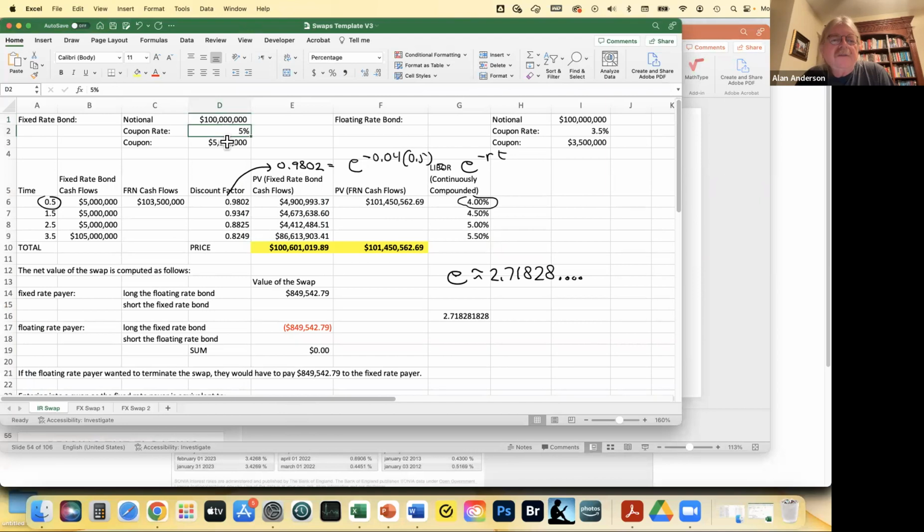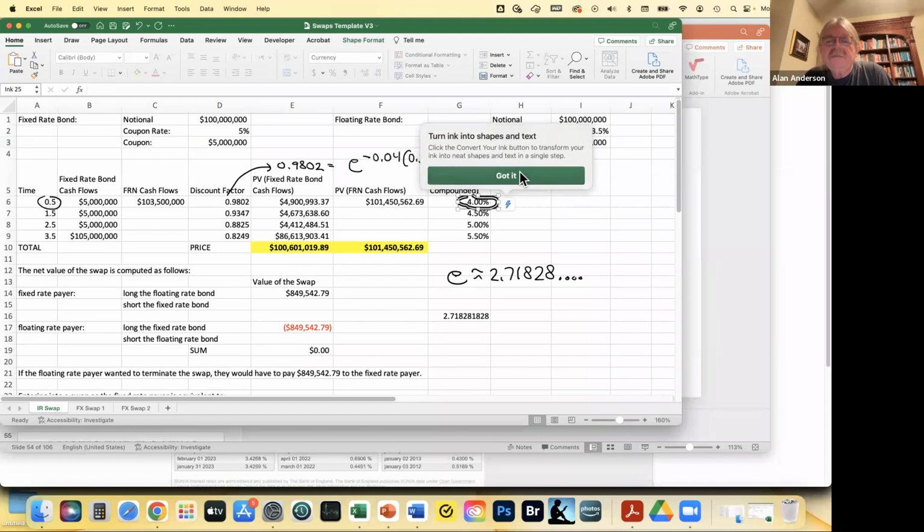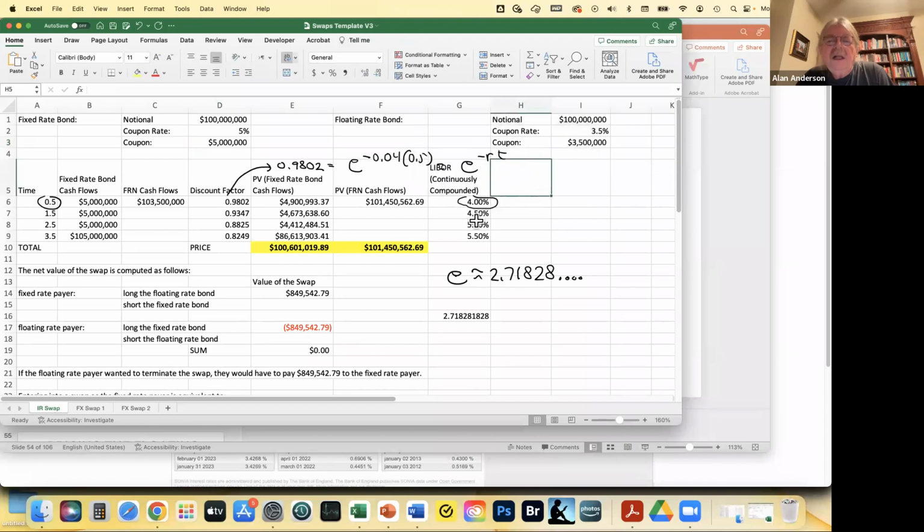And you can see we got the 5%, we have $5 million. These are the interest rates that I just showed you. And so what we're going to do here is calculate the discount factor. Think of this as the present value of $1 in each of these cases.